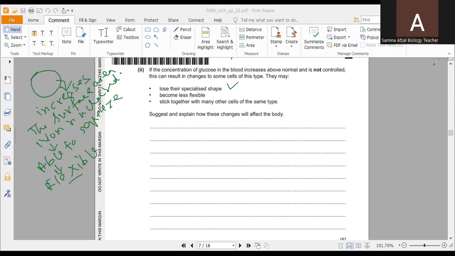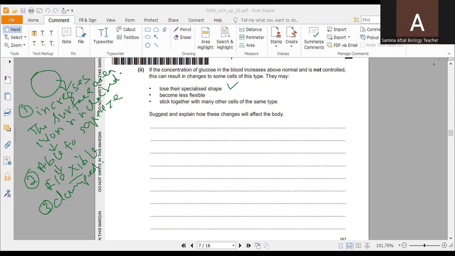If they stick together with many other cells of the same type, if they are clumped, then they reduce oxygen transportation.